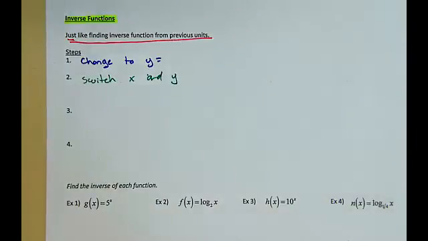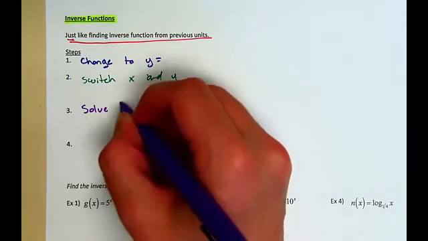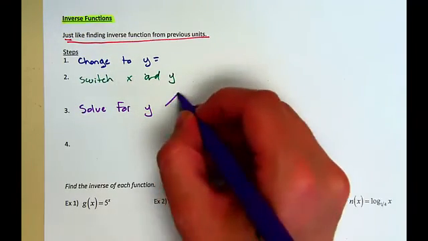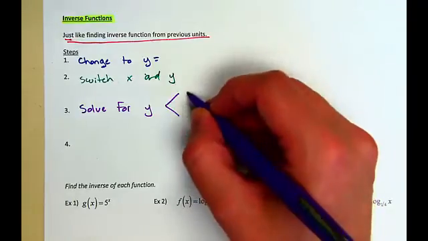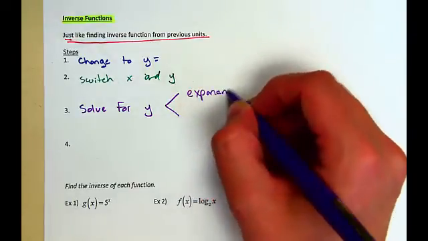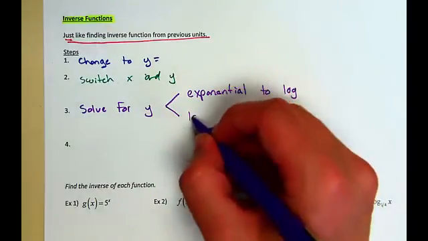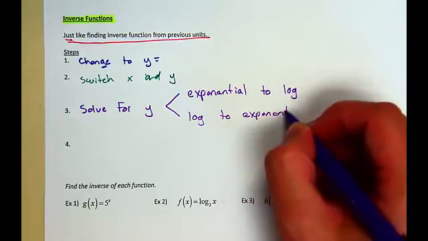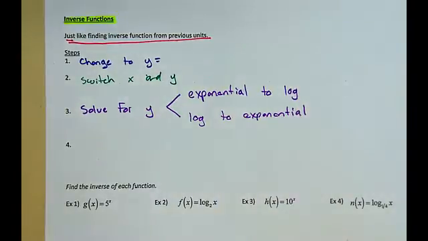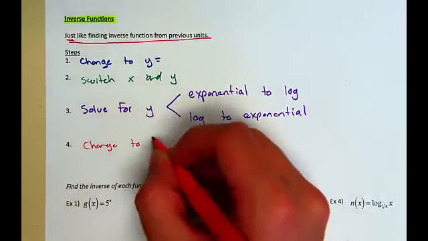Once you've switched x and y, we need to solve for y. This is where it branches. If it starts exponential, we might need to go exponential to log. Or if it's log, we might need to go to exponential. And finally, in the end, just make sure to change to inverse notation.